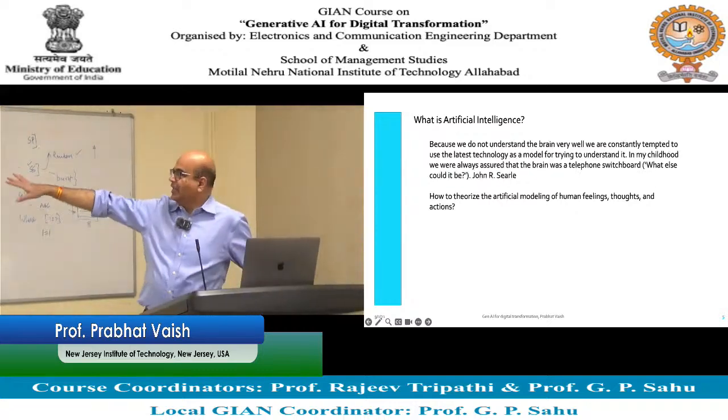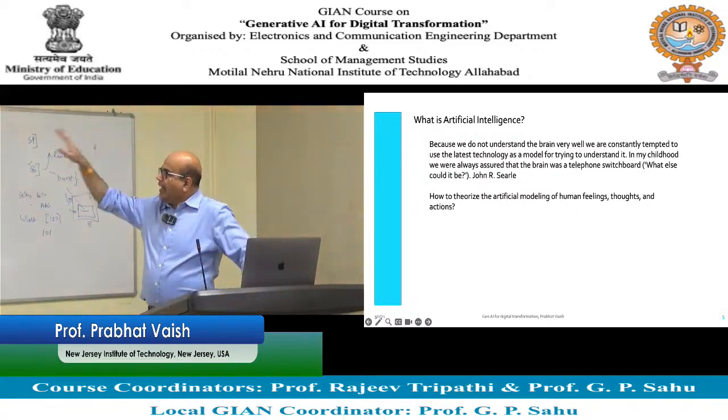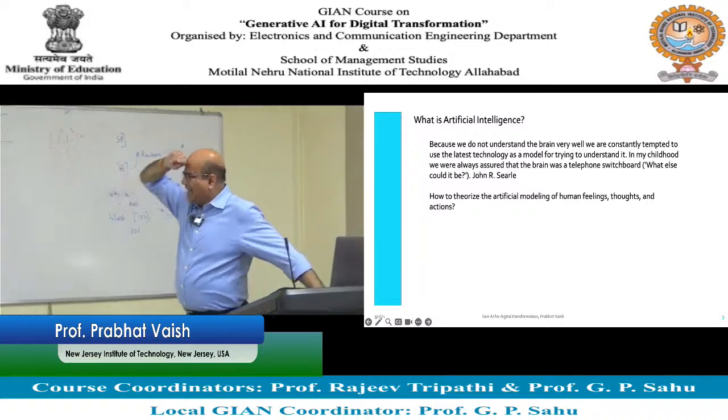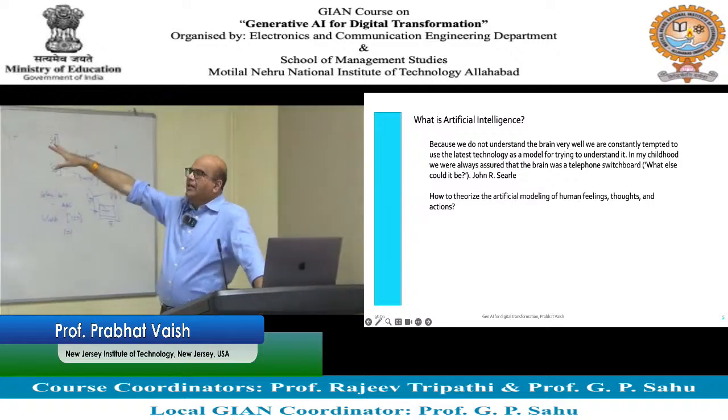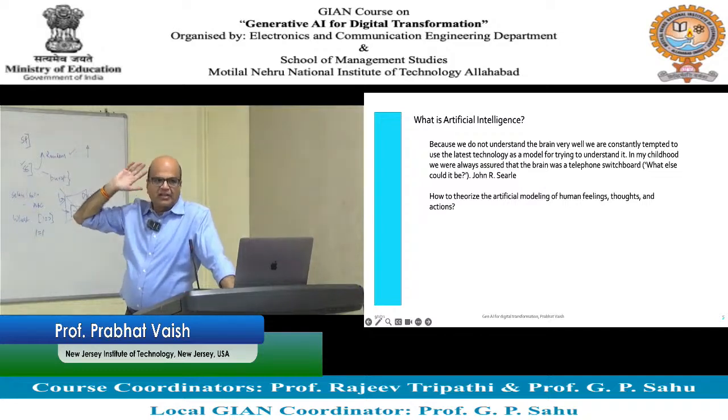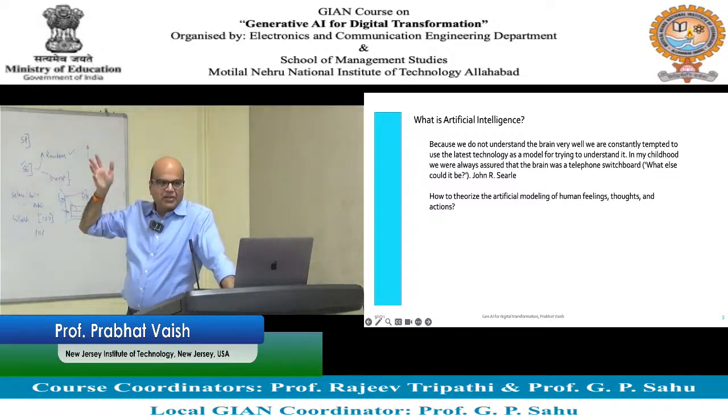Another definition: because we do not understand the brain very well, and this was done I think in the 1960s, I don't exactly remember, since then we are doing exactly the same thing. The researchers in the medical field and neuroscientists are trying to learn how the brain functions.